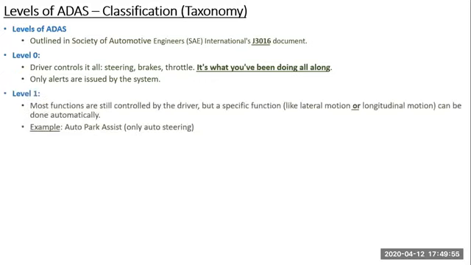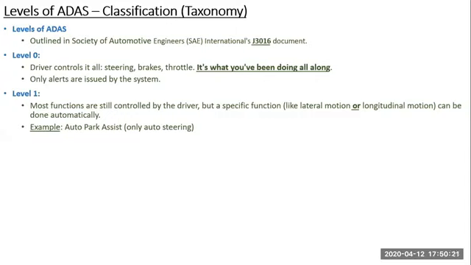Then we go to level 1. Level 1 is where most of the functions are still controlled by the driver, but a specific function, either lateral or longitudinal, is done automatically. When I say lateral, I mean left and right motion. Longitudinal is front and back motion. For example, I was lucky to be working on a feature for Jaguar Land Rover, and that feature was automatic park assist.